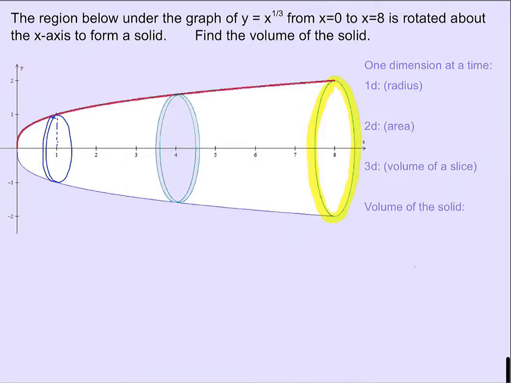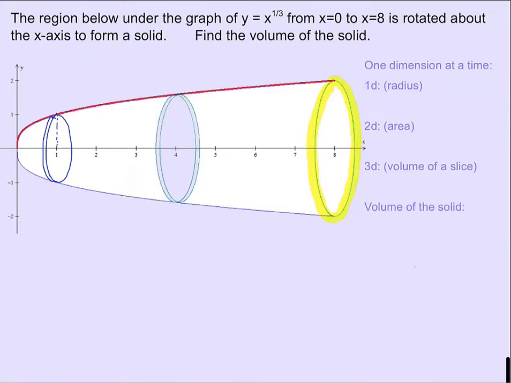And so what we can do is figure out the volume of the small little slice that we've made. Then if we find the volume of every other small little slice the same way and add up all of those volumes, we'll have the volume of the entire object.